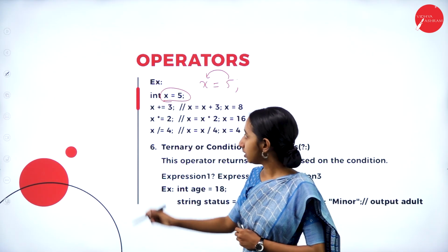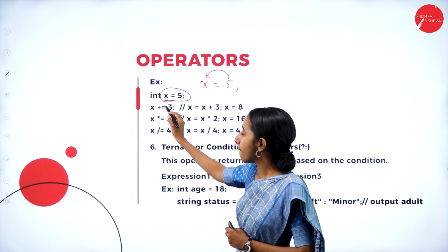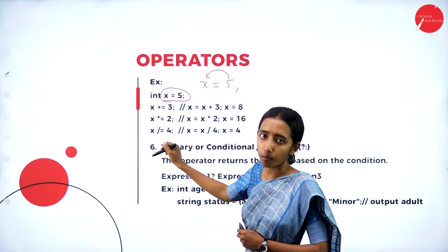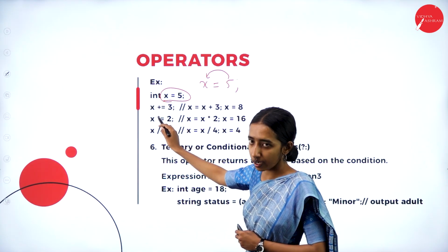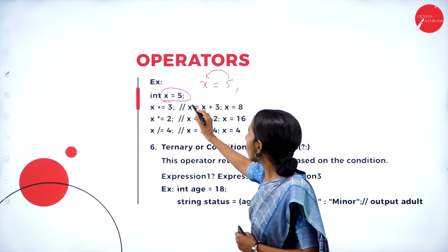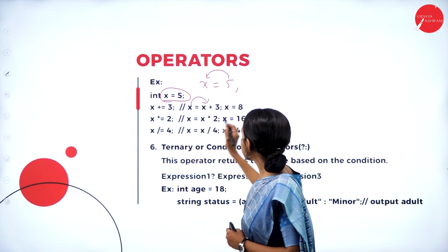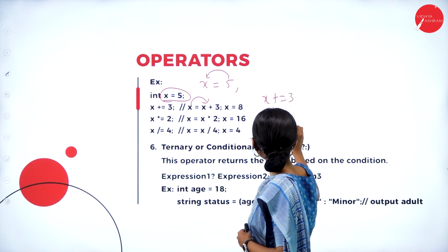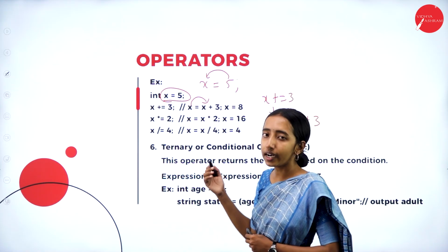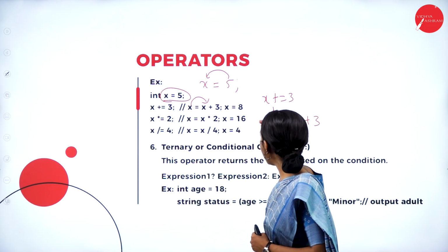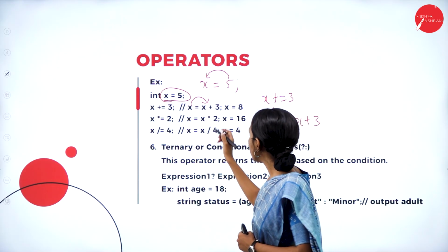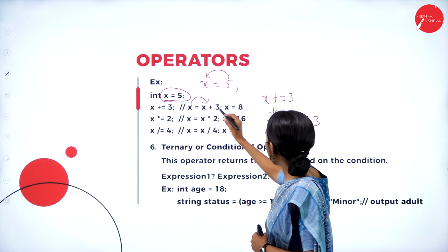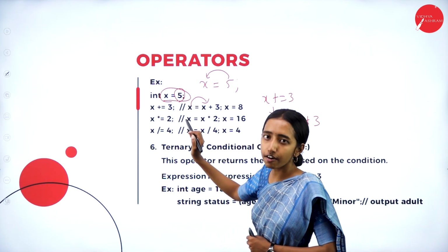Next we are having x += 3, the add and assignment operator. How can we split this one? We can split x += 3 into x = x + 3. So now, already we are having x as 5.